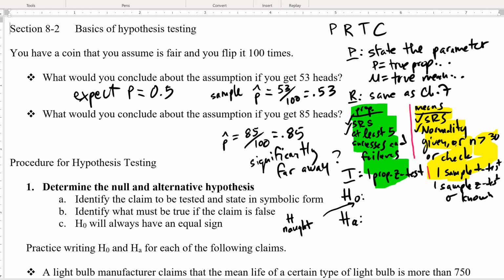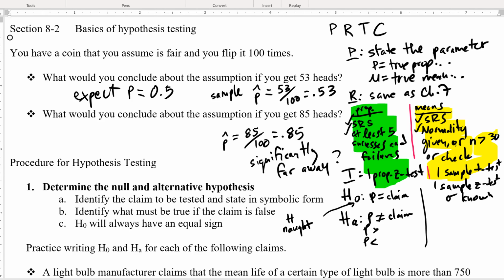We assume that the claim is true. So the example that we were looking at here with proportions, we'd say P equals the claim 0.5, but it'll be P equal to some claim or expected amount. Alternatively, if I'm trying to prove that the coin is not fair, I would do not equal to the claim. If I want to prove that it's biased a certain way, I could do a greater than, or I could do a less than.